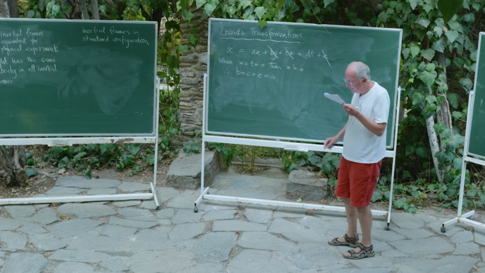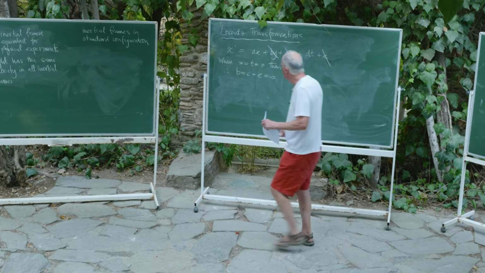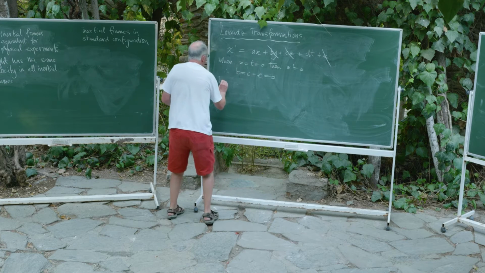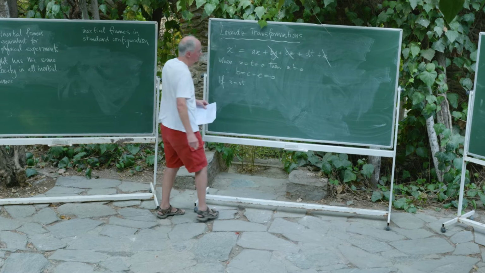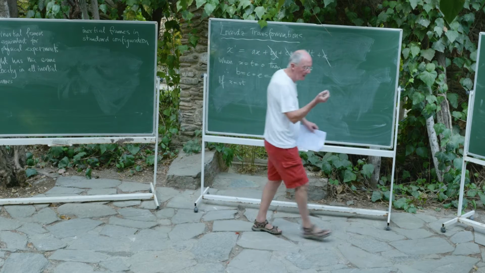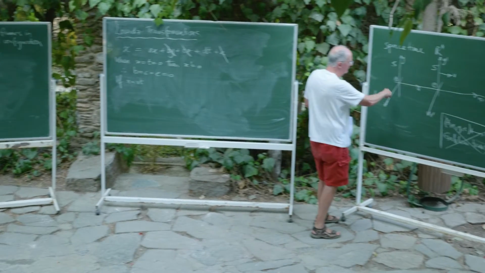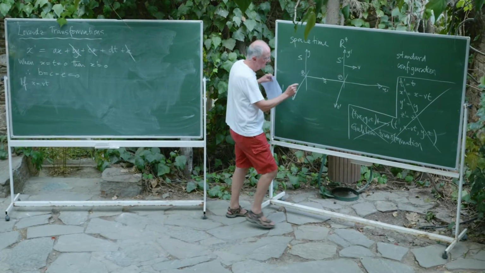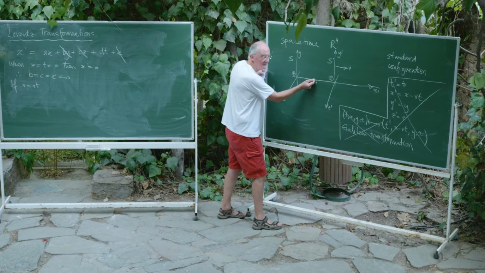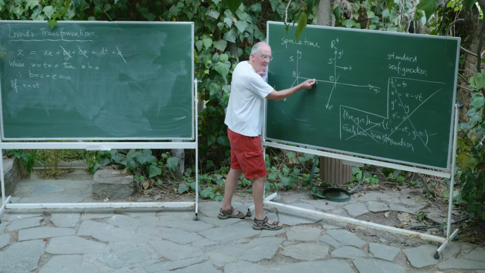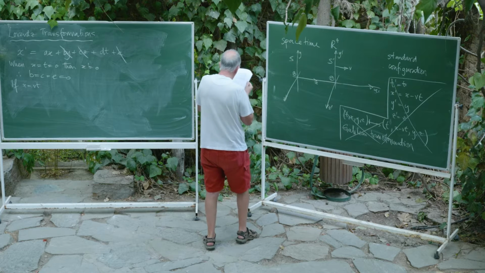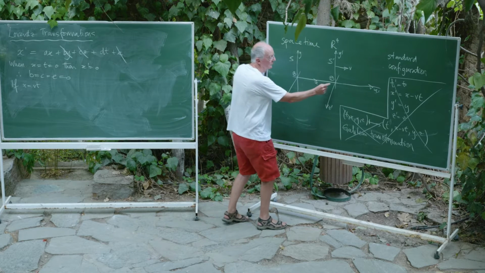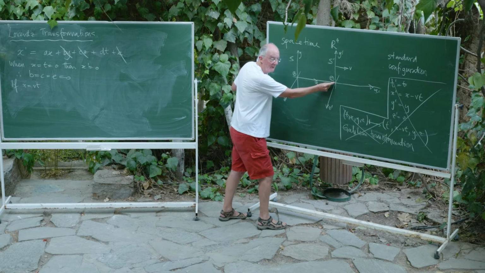I want to do something else now. I want to say if x equals vt, so now you're choosing a point in this frame of reference whose x coordinate is v times t, then you can see that what that's doing is it's actually recording the position of this origin here.